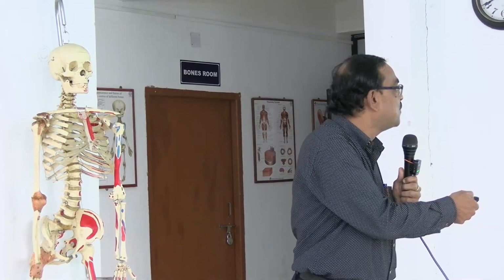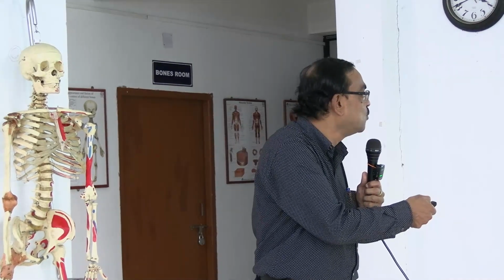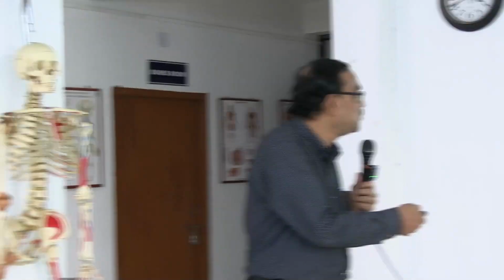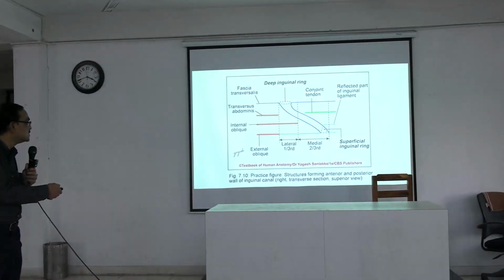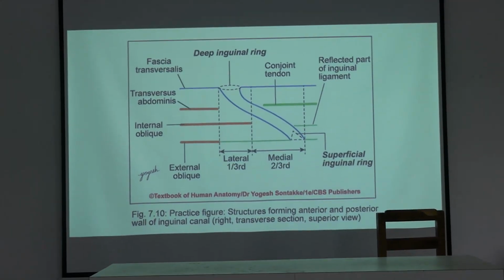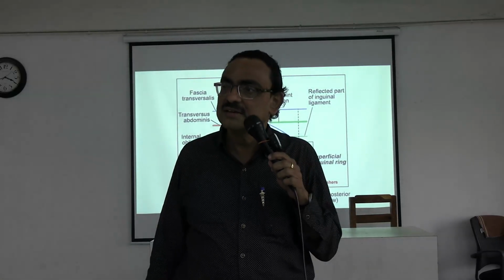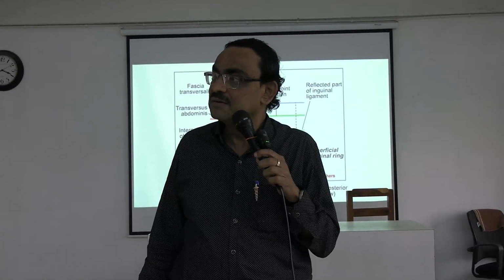It will come from the posterior abdominal wall, it will go down. Suppose this is the journey, this is the locus of the journey. It will come and reach the deep ring. When? At 7 months of intrauterine life.